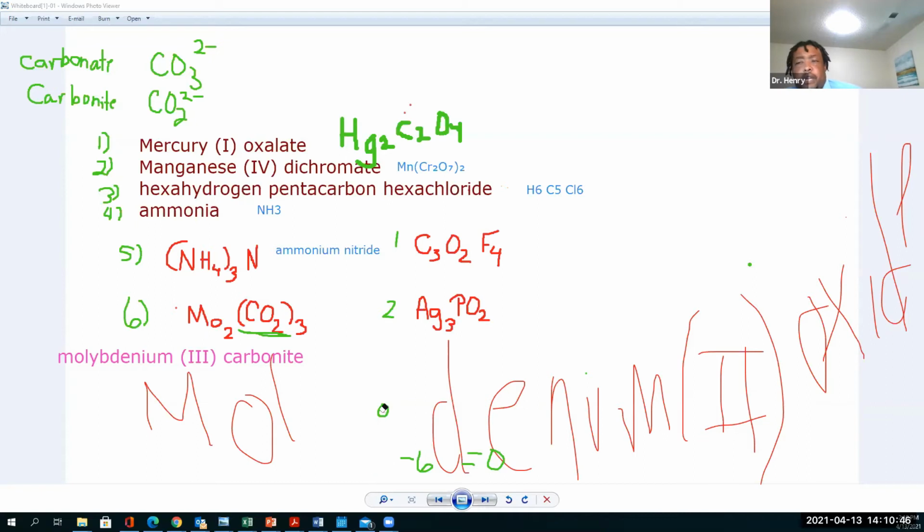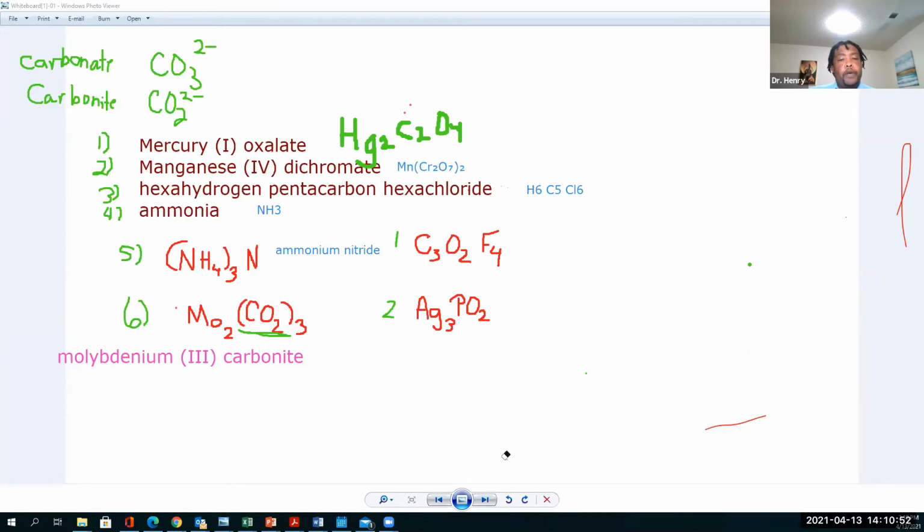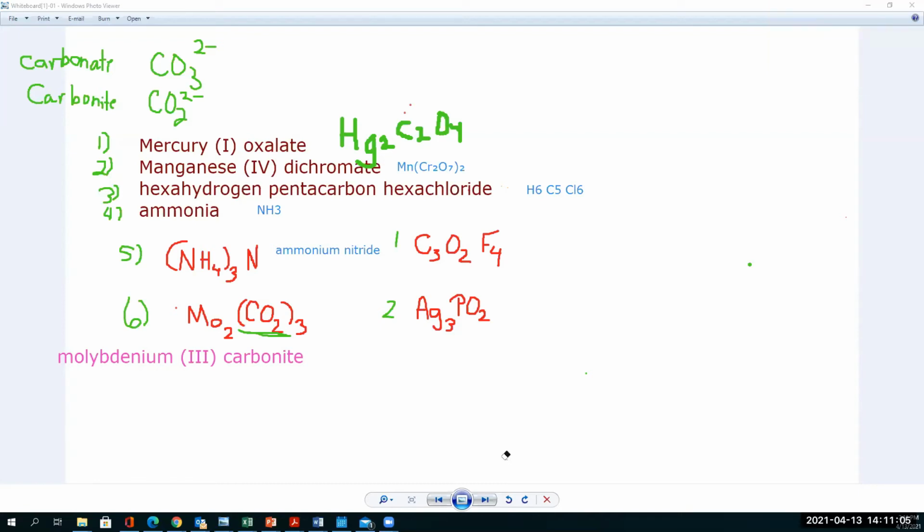Let me give you guys a little bit of an idea. A lot of times, because the polyatomic ion table doesn't have all of the possibilities of all of the ions that are there, because we can break it down even further, the first thing that you want to do is see if there's anybody that looks kind of like them. In the case of CO2, let me see what CO3 is, the one that's above it, and see if I have that on the polyatomic ion table, or if it's 2 above it.